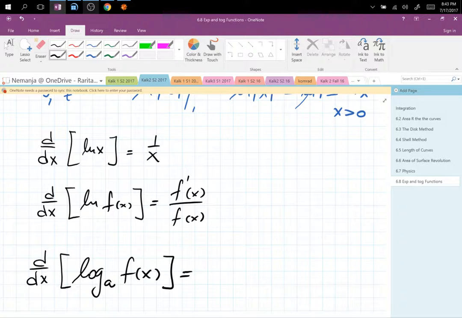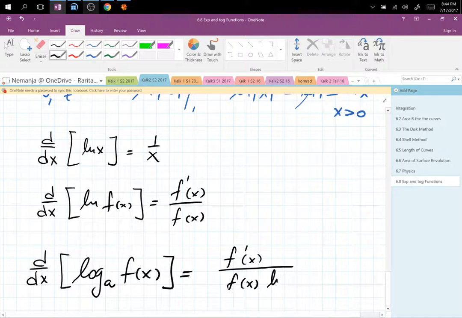Anyone? Isn't it the same thing but times ln? You're close. Yes, nice. So it's going to be the same as up there. It's going to be f prime of x over f of x, but there's going to be ln a in the denominator.